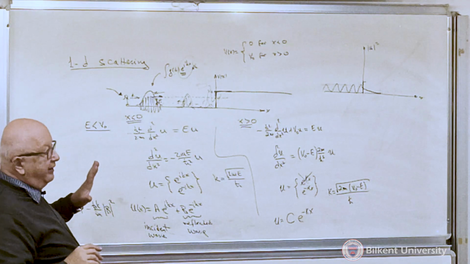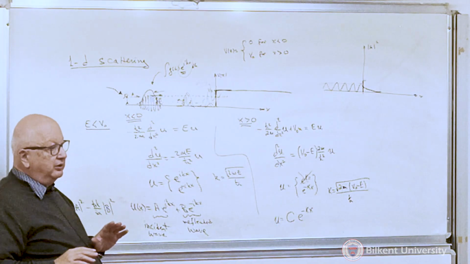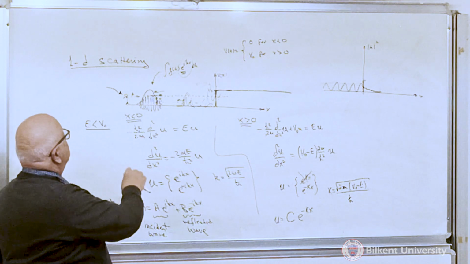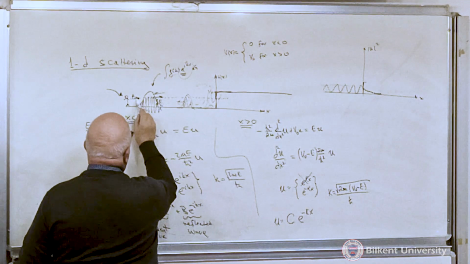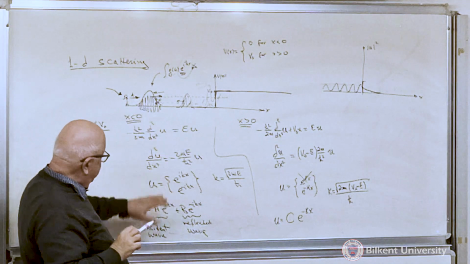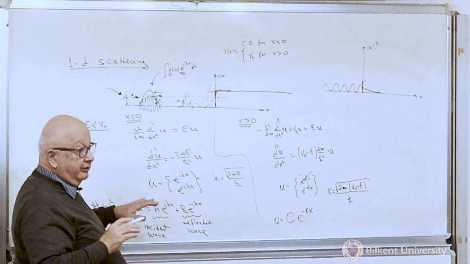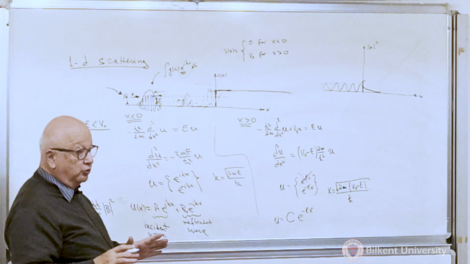So that single wave does not correspond to a single particle. But since the experiment involves shooting particles from the left, this parameter A, which is the incident wave, we assume is something under our control.